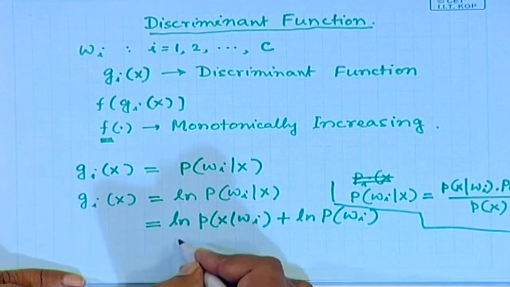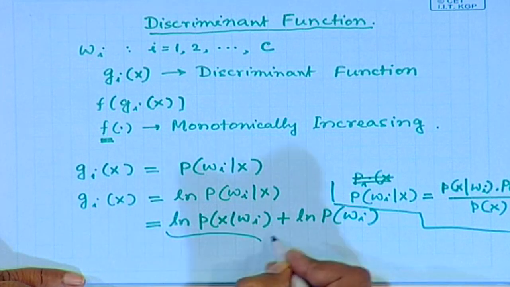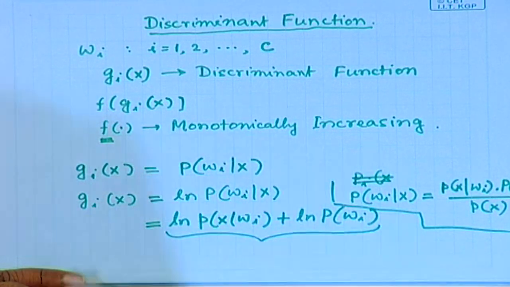Okay, so this becomes our discriminant function to be used for classification of an unknown sample x into one of the classes, or one of the omega i's.